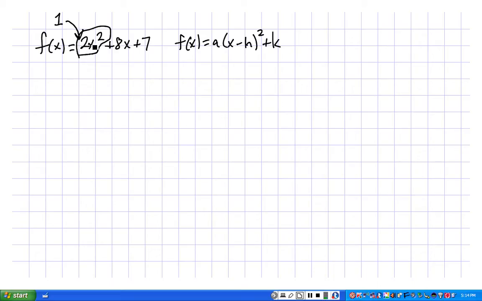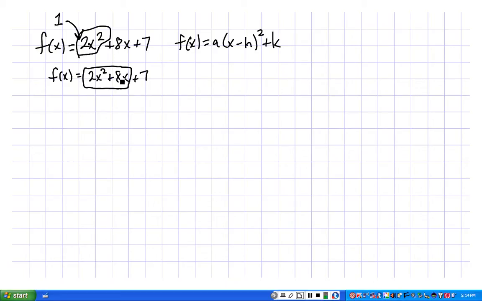Okay, so the fact that this is a 2 now poses a problem. To get rid of this 2, we look at our 2x squared plus 8x, and I know I want to get this 2 out of the way. I need a 1 there, so I need to factor out a 2.